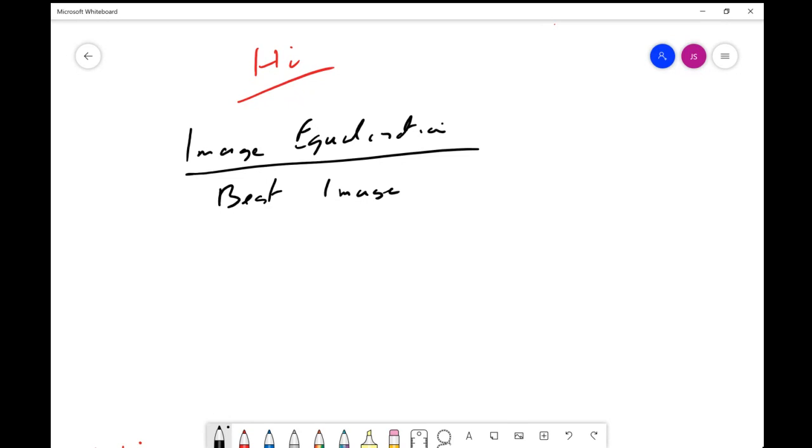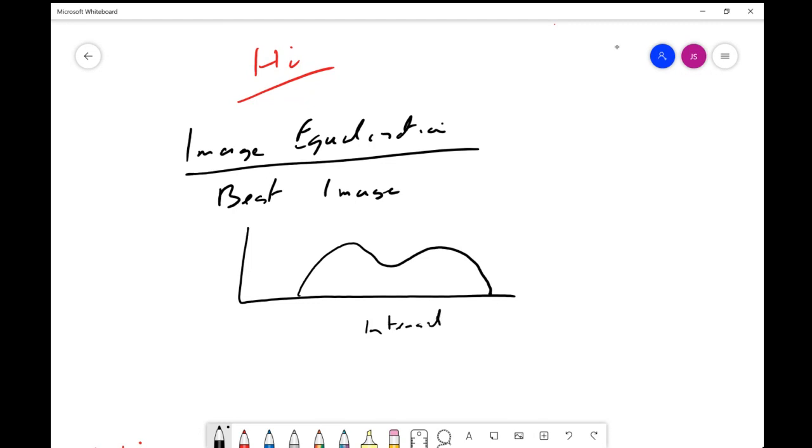And the strategy was to take a histogram, and the histogram would be something like that. I'll draw it as an analog graph, but in fact it is a series of entries at integer intensities. And this is the number of pixels at that intensity.